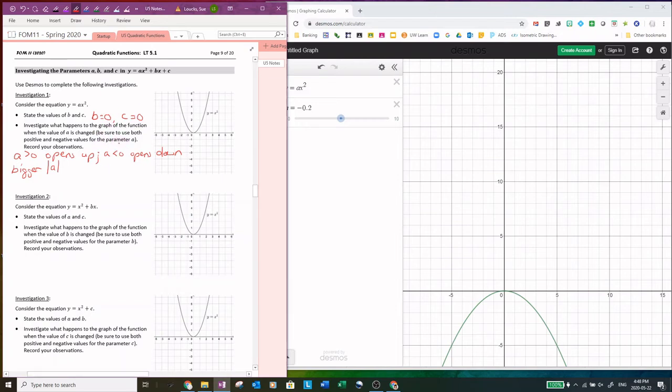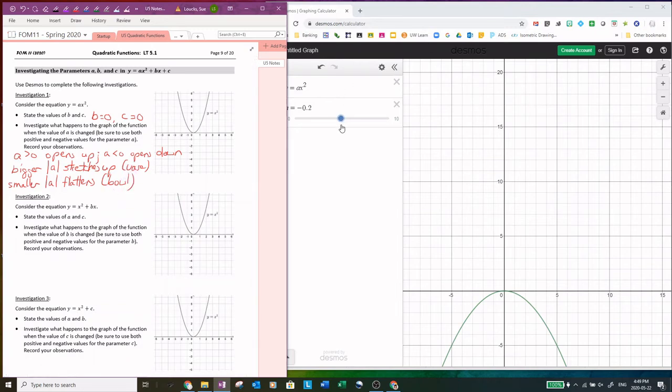So the bigger the absolute value of A is, it stretches up like a vase, and a smaller absolute value of A flattens it more like a bowl.